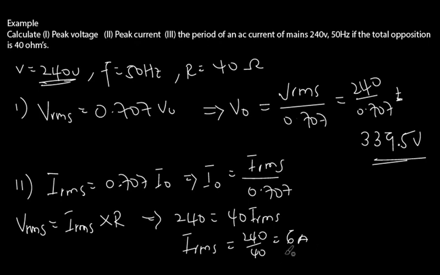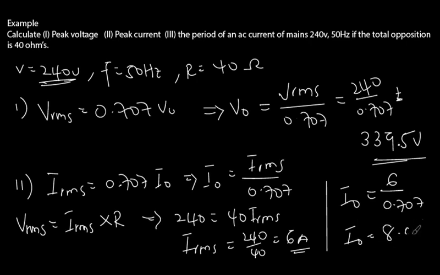Now if our root mean square current is 6 amperes, our I naught will be equal to 6 divided by 0.707, and this will give us 8.49 amperes. So this is the value of our peak current, I naught.